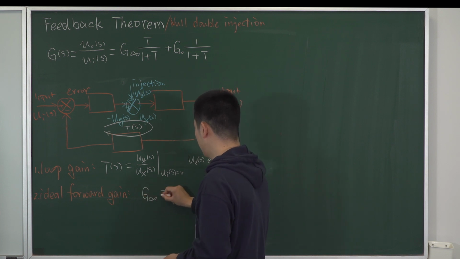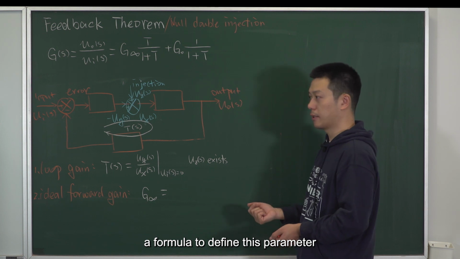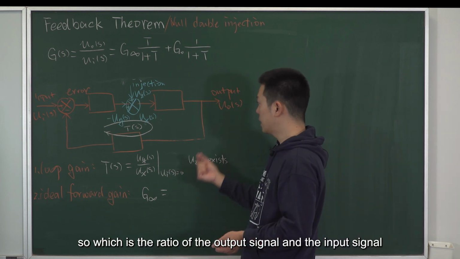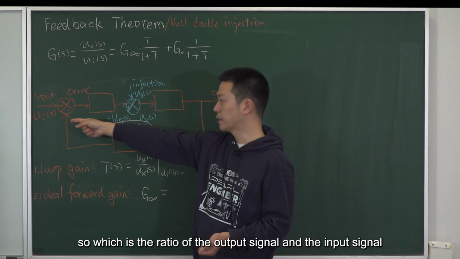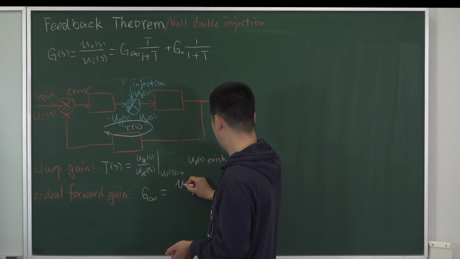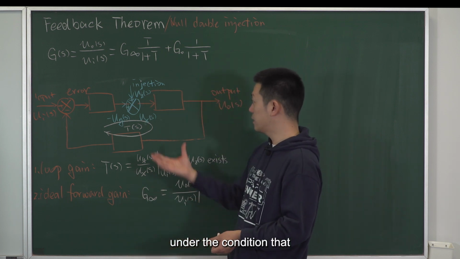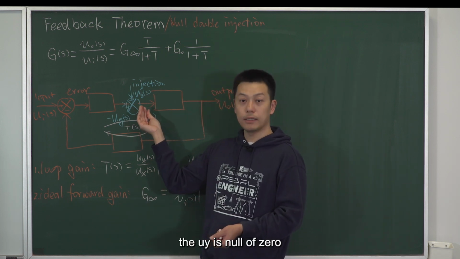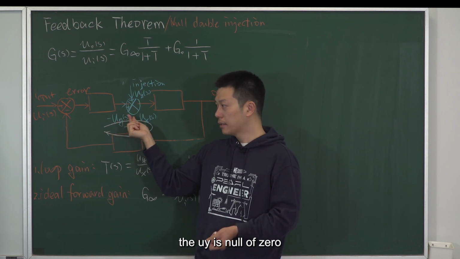Similarly, we also have a formula to define this parameter, which is the ratio of the output signal and the input signal, under the condition that Uy is nulled to 0.